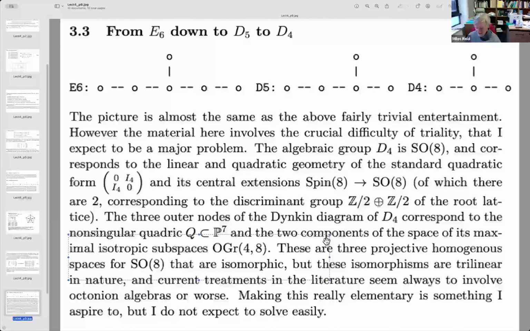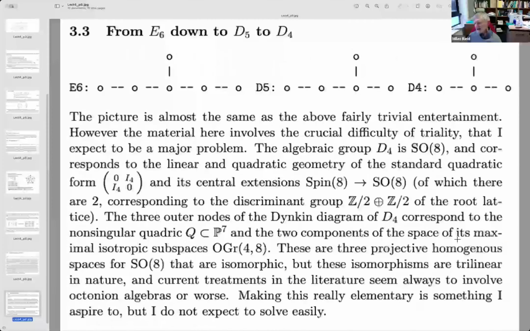The way to think about them, if you read John Baez, is to write down a trilinear form in 3 sets of four variables, and then you can think of that in different ways as the octonions, right?